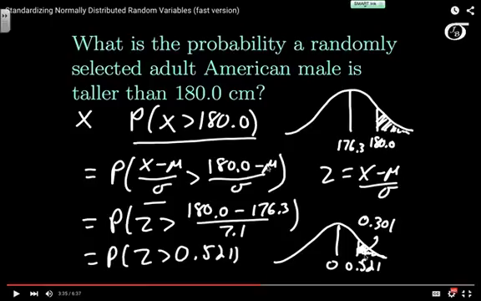So why did he say that z had to be greater than it? Well, because that's how z is defined. Z is x minus the mean divided by the standard deviation. And once he did this, he recognized, hey, that equals z, so he plugged it in. And then when he plugged in the values from this specific problem, he got the 0.521.